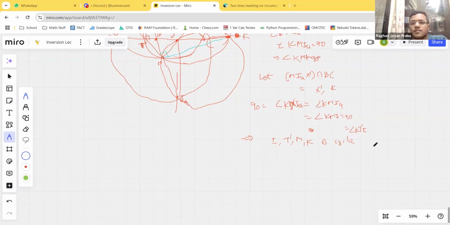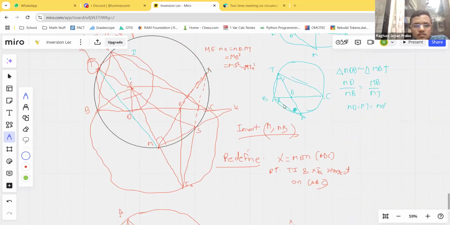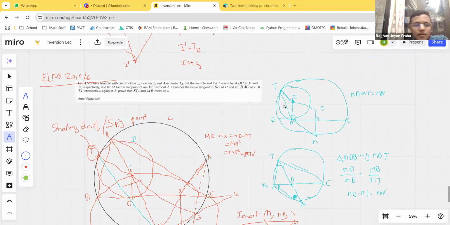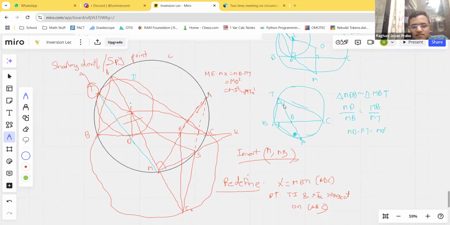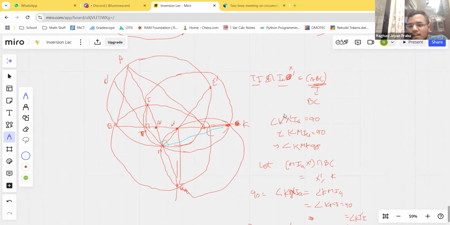Okay, I assume not. Has everybody understood the solution to this problem though? This is a pretty nice problem, how inversion just kills it, because at the beginning this seems like a very hard problem, whereas if you just invert it, it's a simple one-line angle chase.